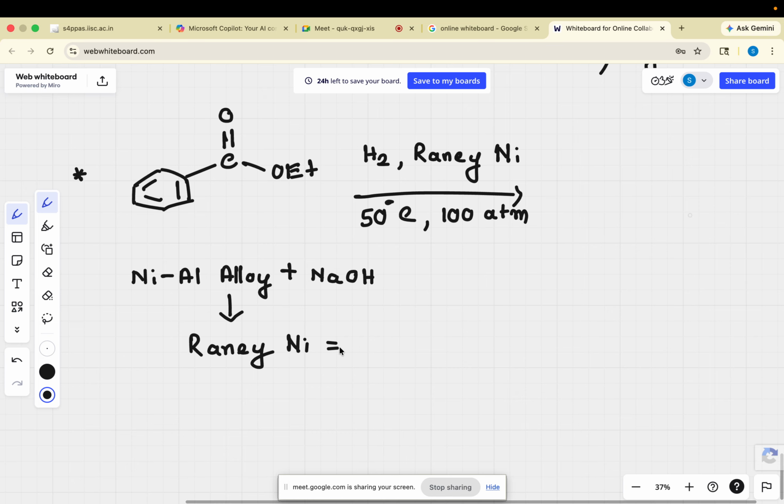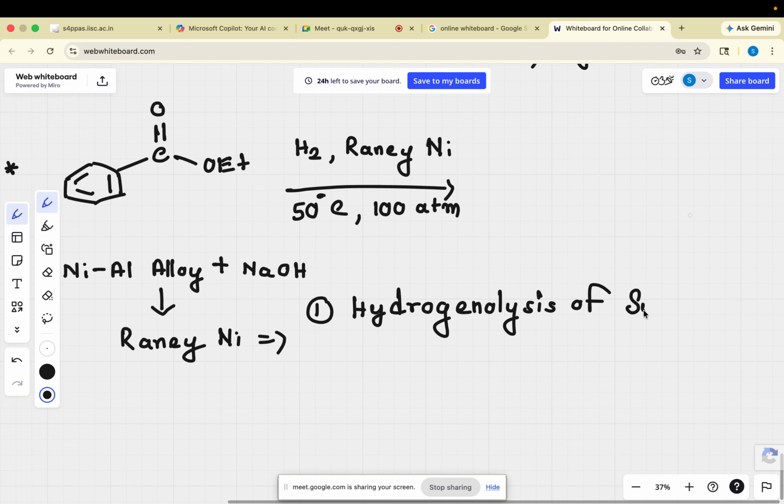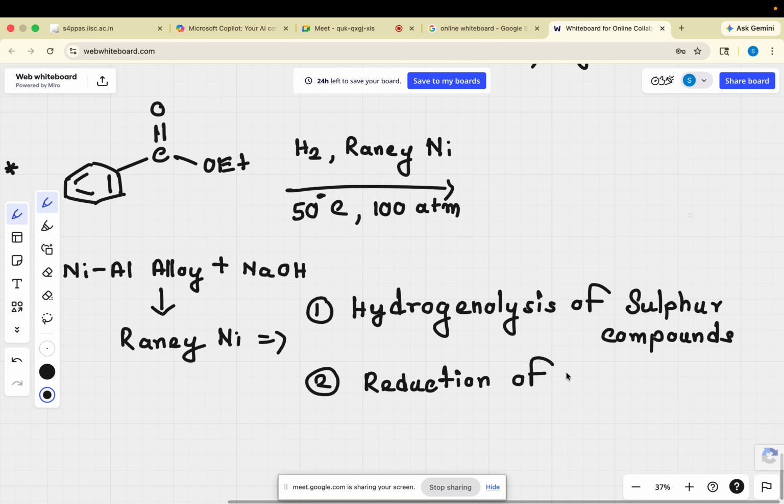Now this nickel can do two things. The first thing is hydrogenolysis of sulfur compounds, and number two, reduction of aromatic rings.